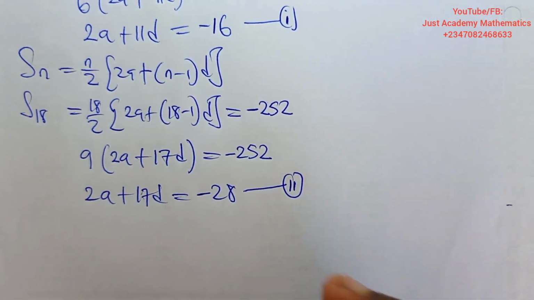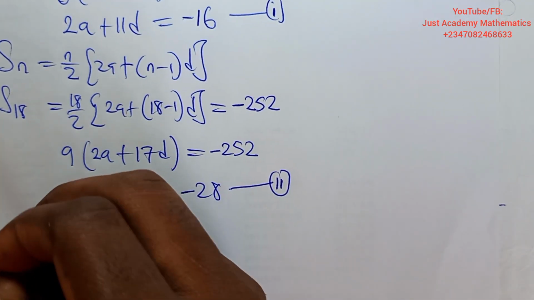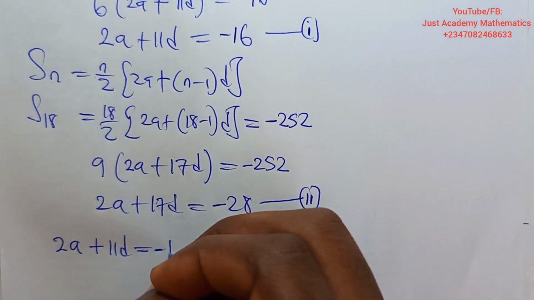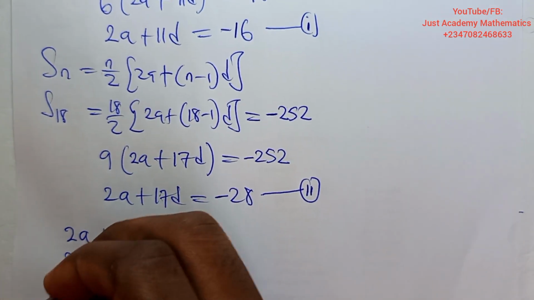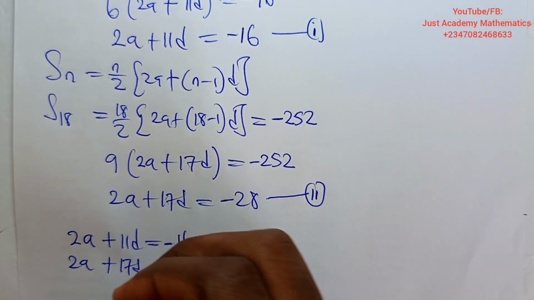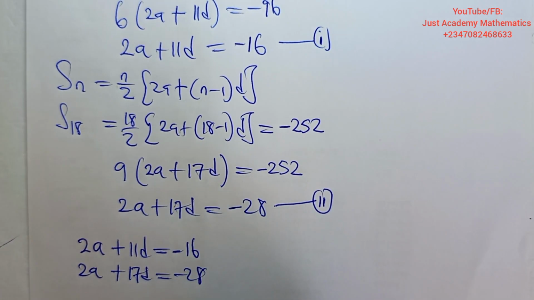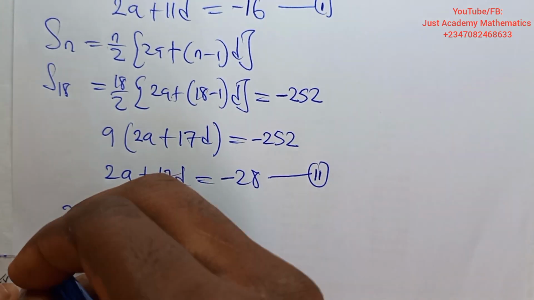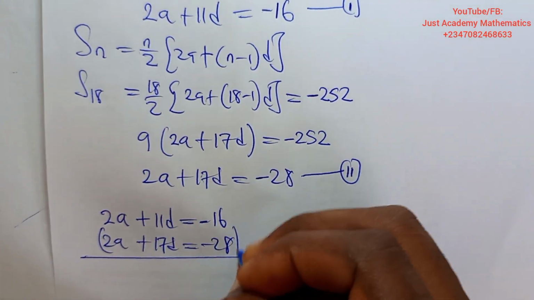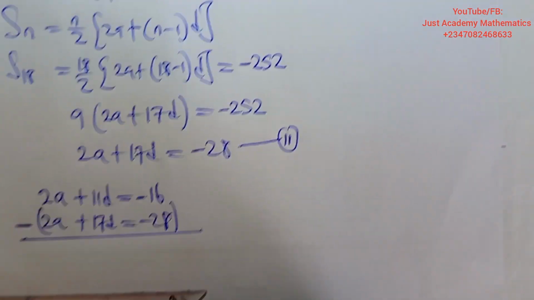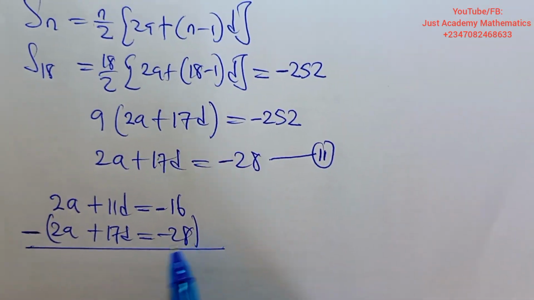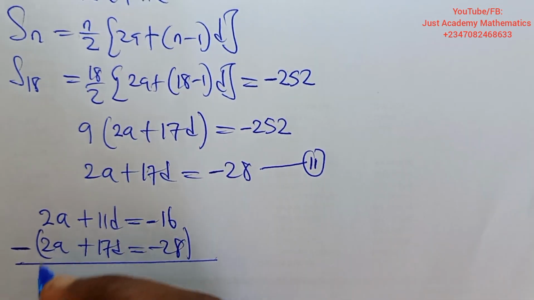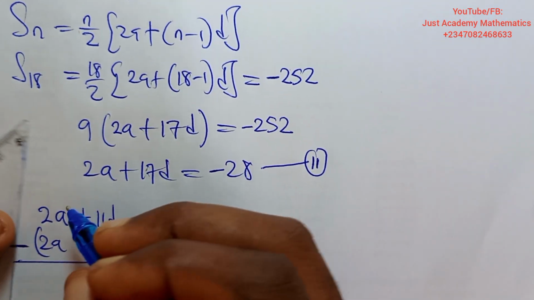So let's go ahead using the two equations. We have 2a plus 11d equals minus 16, equation 1, and 2a plus 17d equals minus 28. By elimination, if we multiply the whole of equation 1 by minus, then plus 2a minus 2a gives us 0. So a is out by elimination.